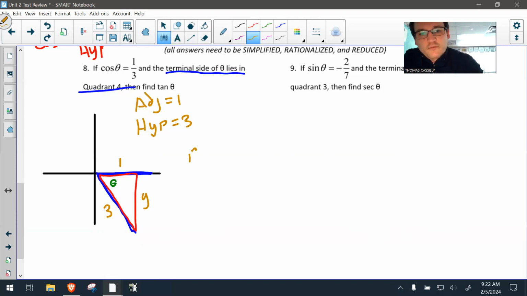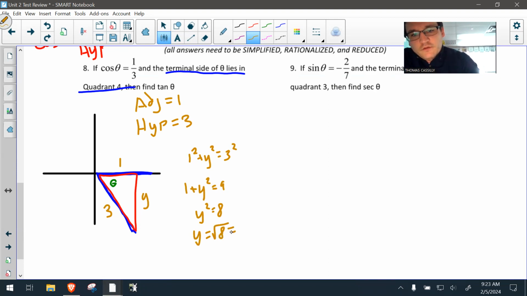So we have 1 squared plus y squared equals 3 squared. Keep in mind the hypotenuse always has to be on its own side of the equation. So 1 plus y squared equals 9, y squared equals 8. Therefore, y equals the square root of 8, which simplifies into 2 square root of 2.